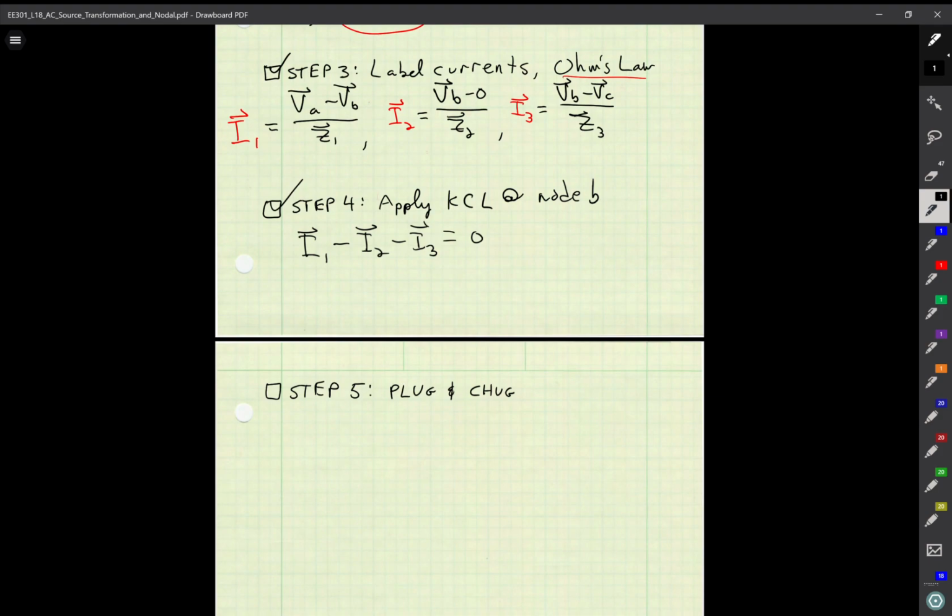So I'm going to substitute the values in step 3 into step 4. So I1 is equal to VA minus VB divided by Z1. And I'm going to subtract I2, and I2 is just VB over Z2.